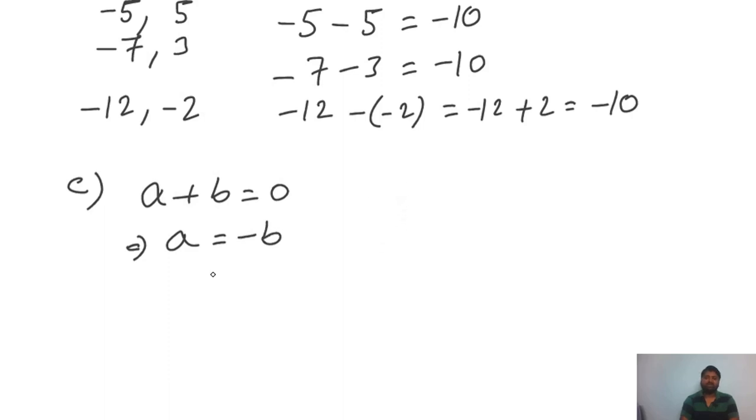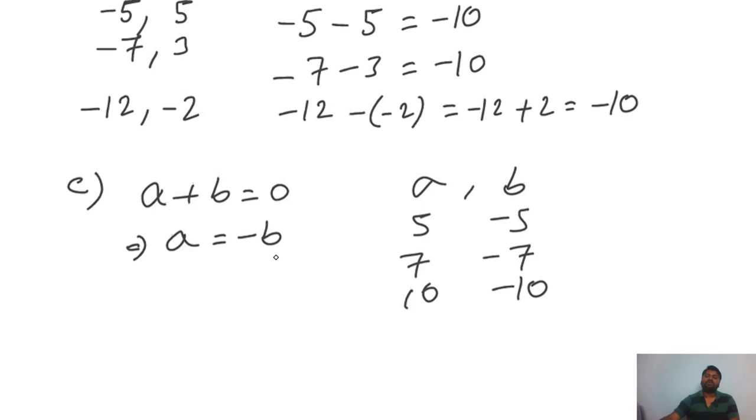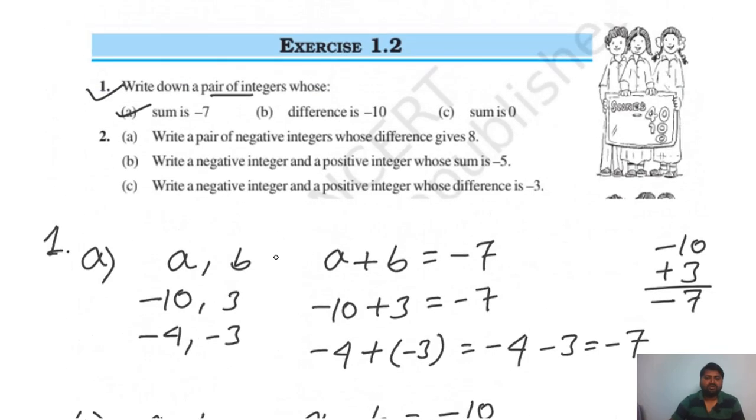That means when we take a comma b, a is 5, b is -5, a is 7, b is -7, a is 10, b is -10, we get the summation always 0. Okay, so we solved the problems a, b, c with many different integers with examples, so that you can understand the concept of this problem.